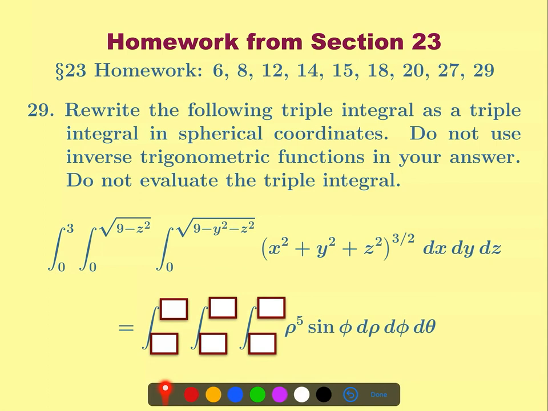And we want to figure out what's going on with theta, phi, and rho here. So we're going to look at this picture. This picture's really a little bit nicer than what we had in the previous problem. And so this is just going to be a quarter of a circle in the yz plane where y and z are positive. The circle has radius 3 centered at the origin. And then we want to go from that quarter of the circle in the yz plane where x equals 0 is the yz plane, to the sphere of radius 3.